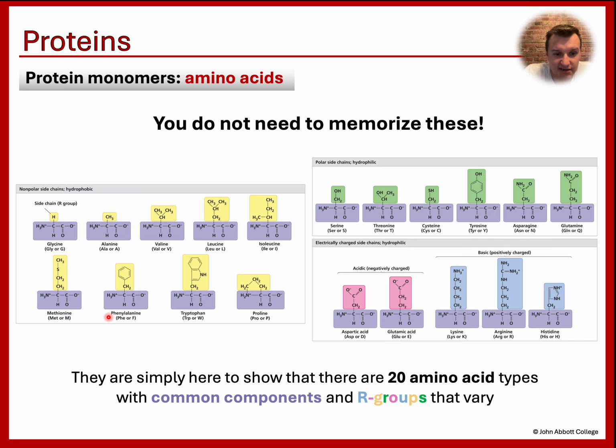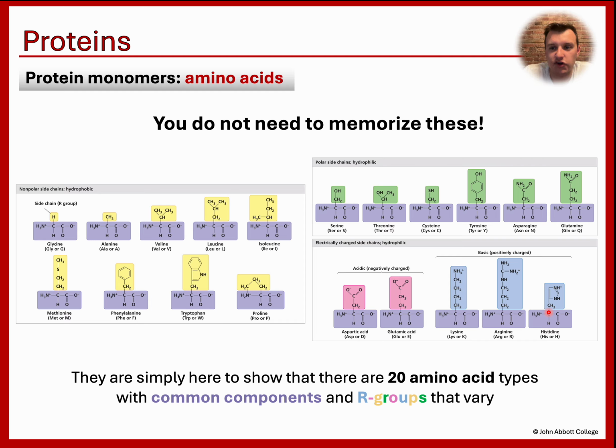This amino acid has a little ring over here of carbons. This is phenylalanine over here. There are 20 specifically different types of amino acids, right? And they all have these different types of layouts, right?